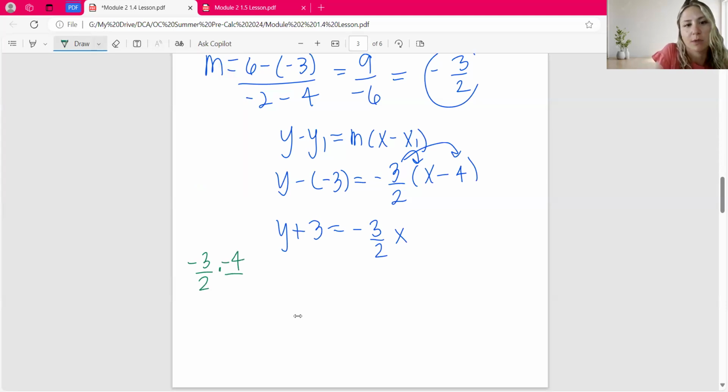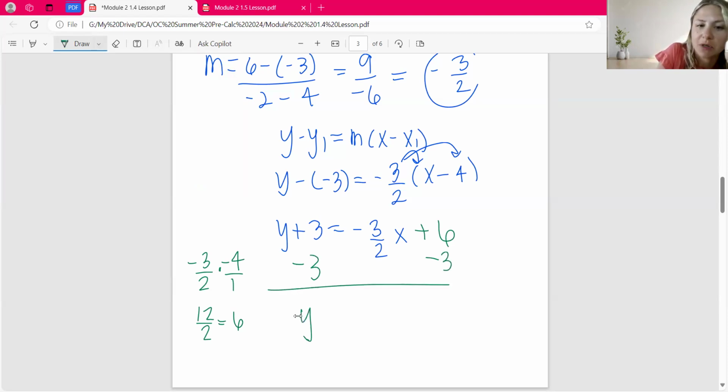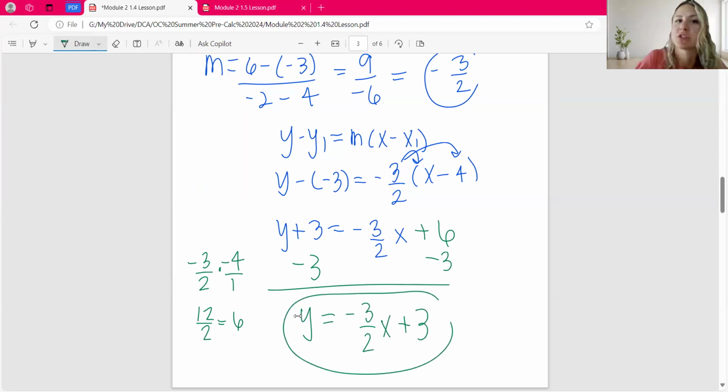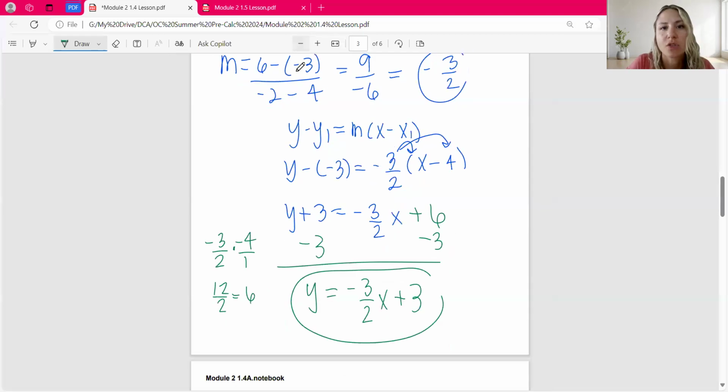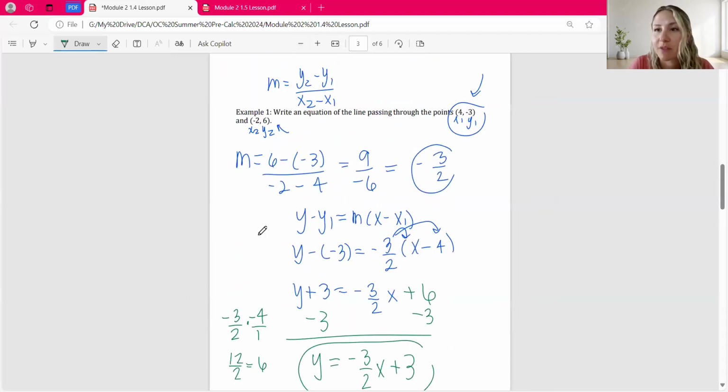Multiply fractions, we go straight across, or you can reduce first. If we go straight across, we'll have 12/2, which is going to give me a +6. And then we will just get the y by itself, so I'll subtract 3 on both sides. And we'll get the equation of the line is y equals -3/2 x plus 3. So notice we first had to find the slope, and then we use point slope form. If you use slope intercept form, you'll get the same thing though.